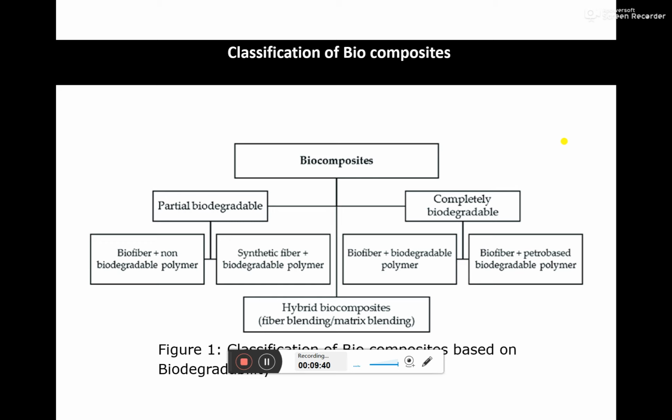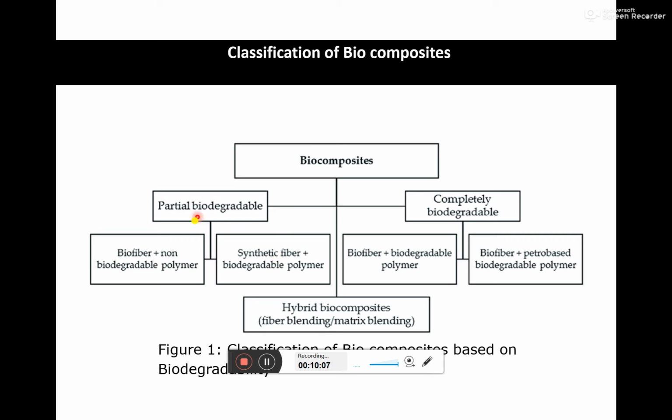These partial biodegradable composite materials are again subclassified into two different types. One is the biofiber plus non-biodegradable polymer, and the other one is the synthetic fiber plus biodegradable polymer.